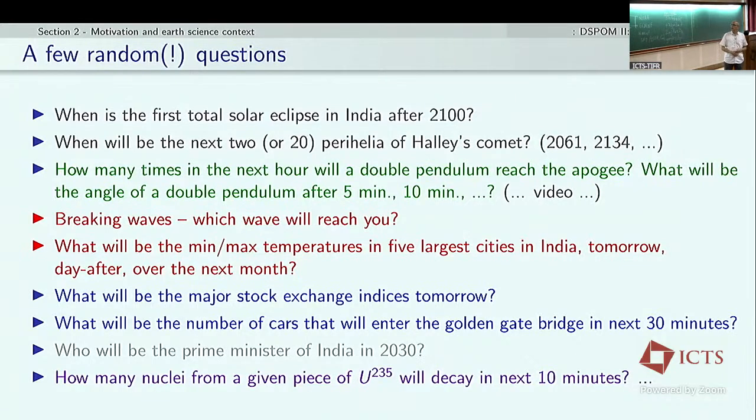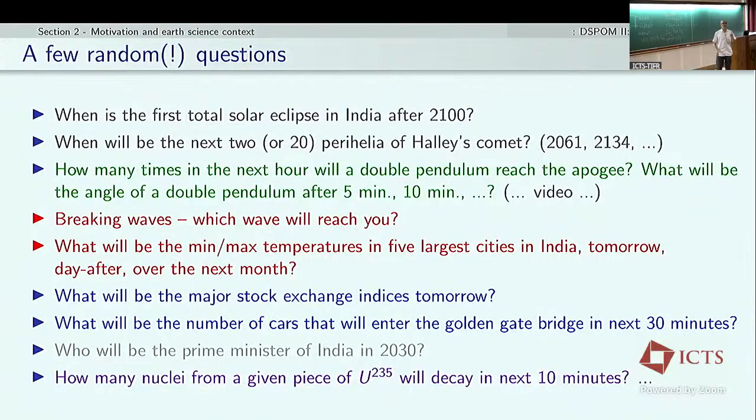So a few random questions just to put this in slightly broader context. As I said, this is a context statement. The first two questions here are essentially deterministic answers. We almost never use, for example, stochastic versions of Newton's laws to think about eclipses, not ellipses, and the solar system and so on and so forth.